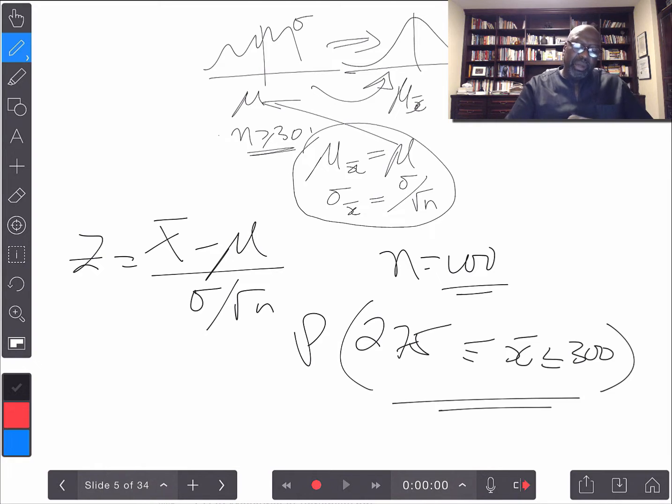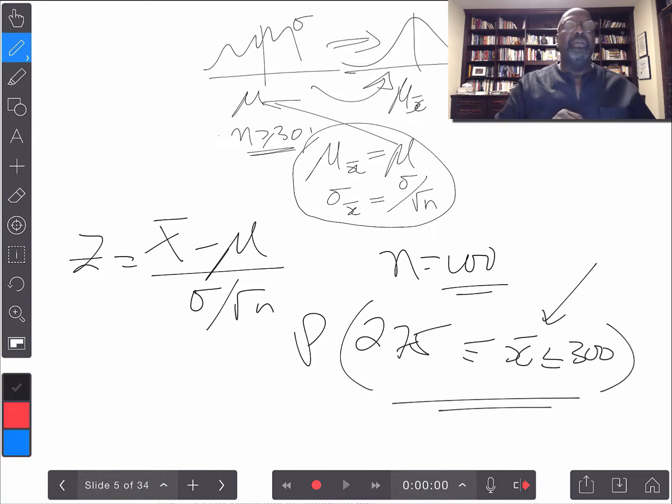So this is what I could be asking. But notice now it's different. I am asking what is the probability that the sample mean that I observe, if I took a random sample, lies somewhere between 275 and 300.